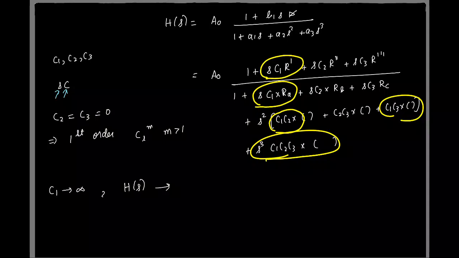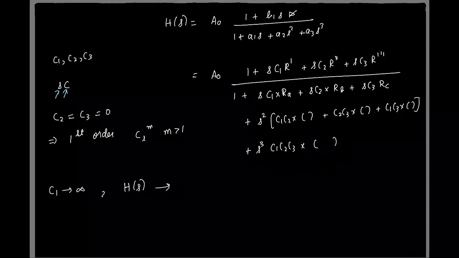And in all of them, I have C1 in common, so C1 cancels out. So will it be 0 or non-zero? Simple limit. H of s will be non-zero. This is also true if you tend any capacitor to infinity. And remember, in this case I have a 0 in the system. So this we know is true if H of s has a 0. Now let us say H of s does not have a 0.